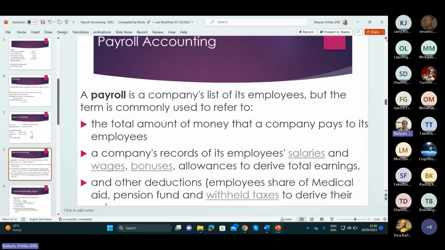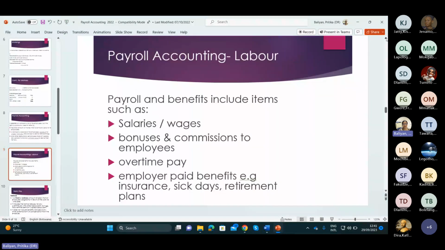So withheld taxes, which the employee pays, have to be deducted before the total earning is given to the employees. So payroll helps to determine total earning, and then from that, if there are deductions, we subtract all the deductions, and then we are able to calculate the net payable amount. The net payable amount is the amount which is actually given to the employee at the end of the month.